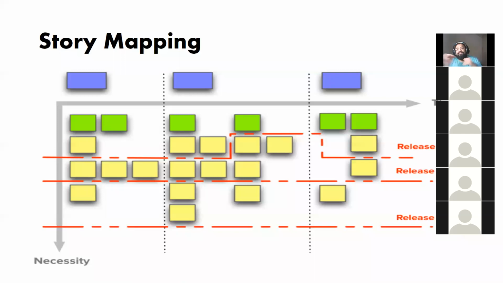Once the story map is done, we say we have only 3 or 4 months. What is it that we can provide? There we start slicing the complete requirement. The entire slot will be sliced.